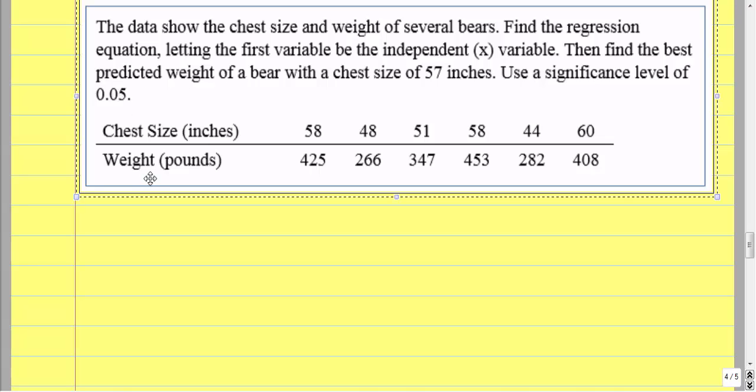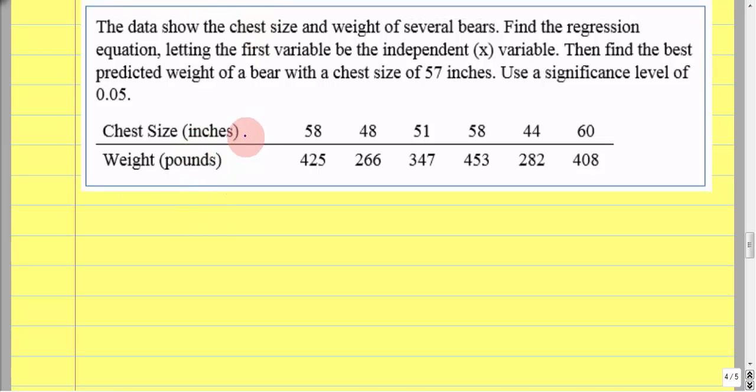First of all, in order for us to get started on this, it's good to understand the idea between independent and dependent variables. They're telling us that the independent variable is chest size. So this is my x random variable. So x is my chest size, my weight is pounds. So this is going to be L1, this is going to be L2.